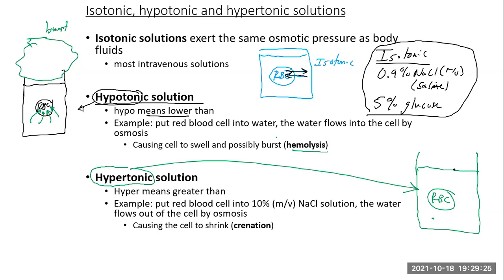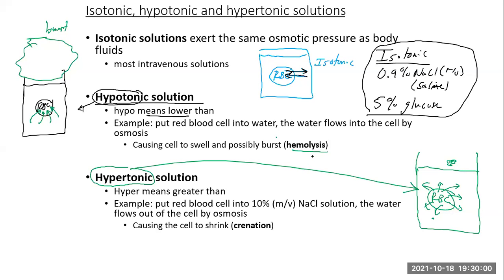So in this particular case, the red blood cell is going to go, I need to do some osmosis here. I need to release all my water from my cell to the outside in an effort to dilute the outside. The result of that is we're going to get a cell that will start to shrink and go through what is referred to as crenation, which is not a good thing. And again, that would cause some problems there.